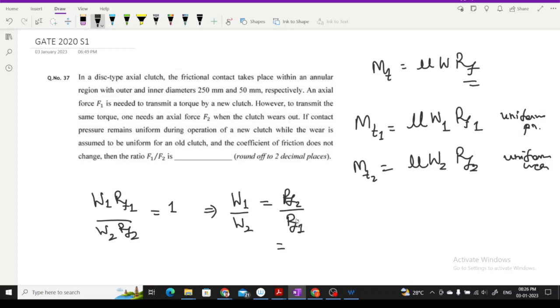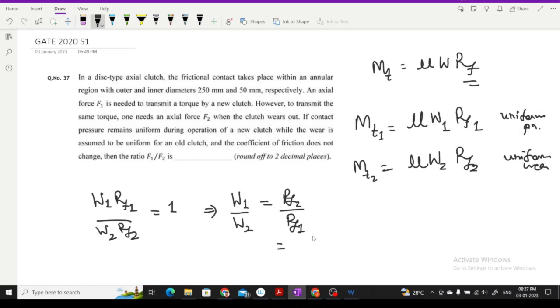So what is R_F2 for uniform wear? What is the radius? 75, sir. Where is it mentioned? For R_F1, is it this, (250 plus 50) by 4? Are you telling that?